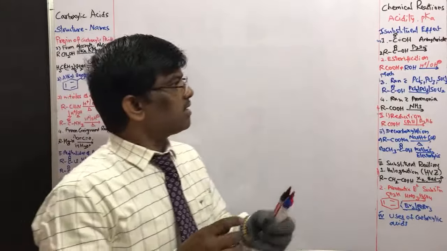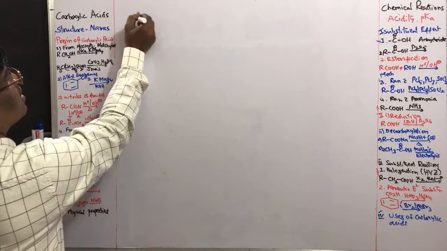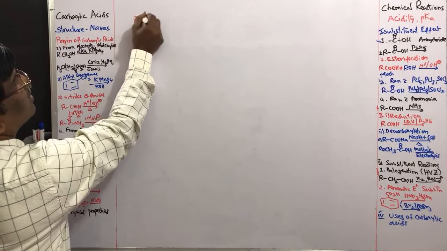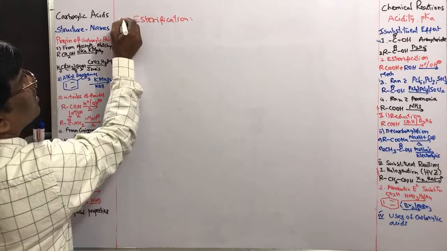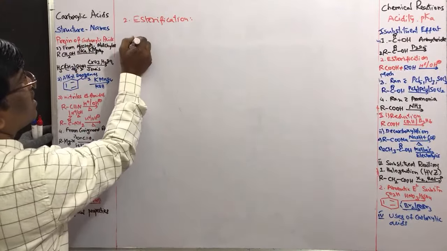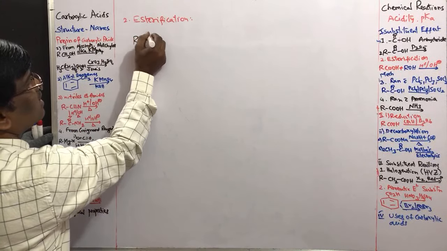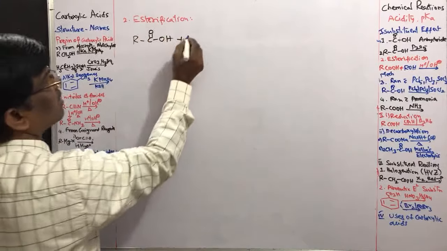Yes, students, let us take the chemical reactions one by one. The first one is esterification. I am going to stress the important things. So, esterification: let us take carboxylic acid plus alcohol.